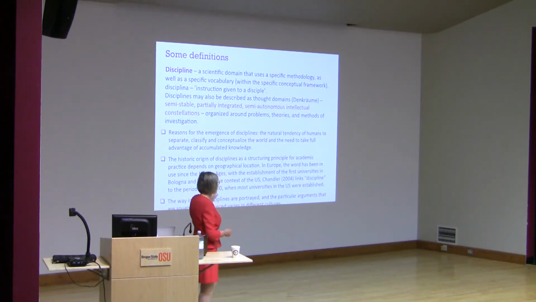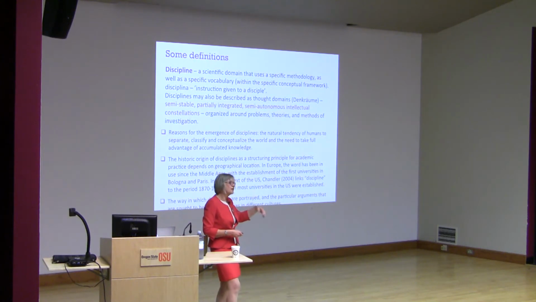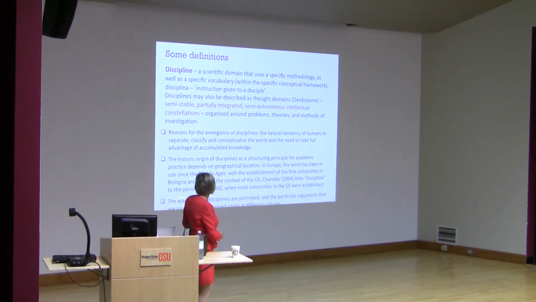For instance, in Europe, it's been used since the Middle Ages, and it was really then used in the sense as we use it today when the first universities were established, Bologna in the 1100s and Paris in the 1200s.